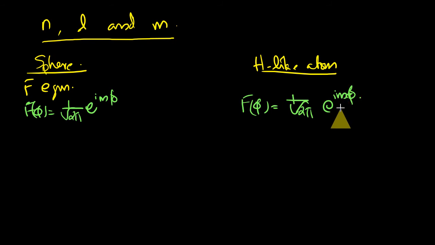We have the same equation in both cases, and here we have a number, m. The nature of this m was already established in the case of the particle on a sphere.